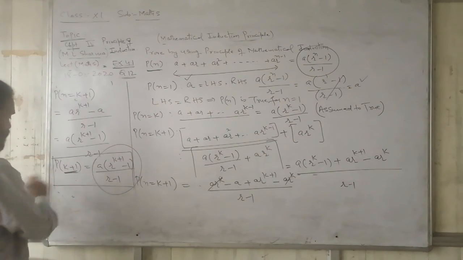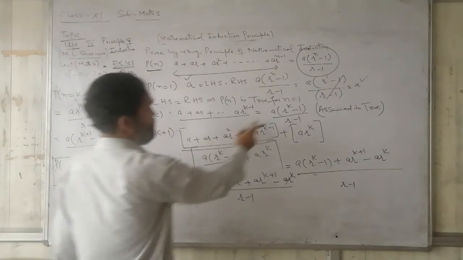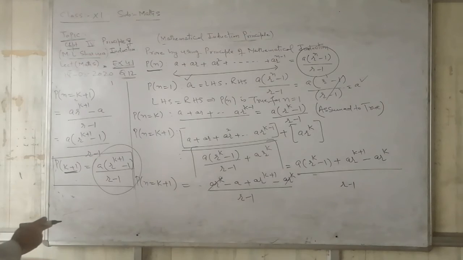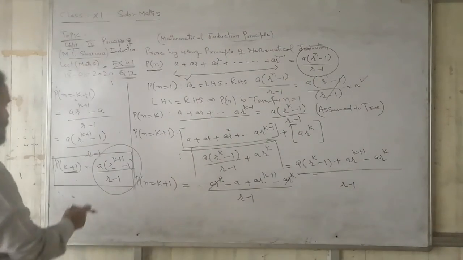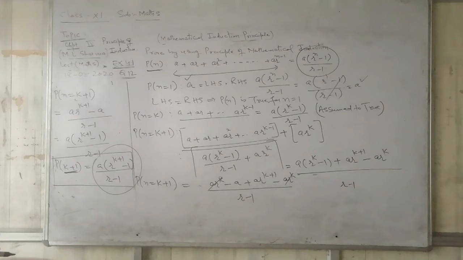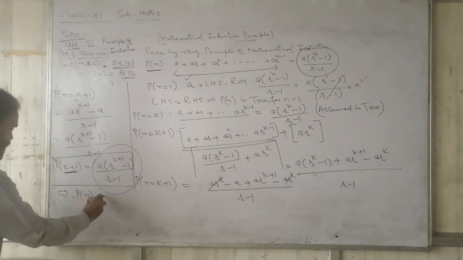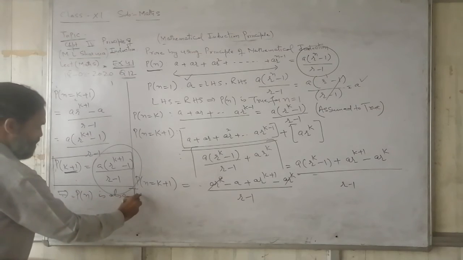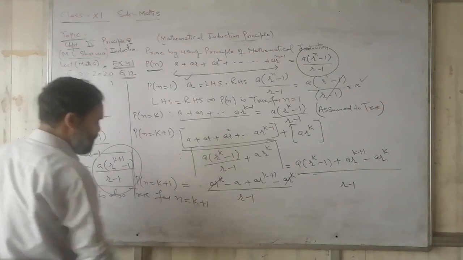Now this is k plus 1, so r raised to power k plus 1, instead of n it is k plus 1, then minus 1 here also, and in the denominator I have r minus 1, and in this denominator again I have r minus 1. So they are matching, they are identical. So this implies that Pn is also true for n equal to k plus 1.